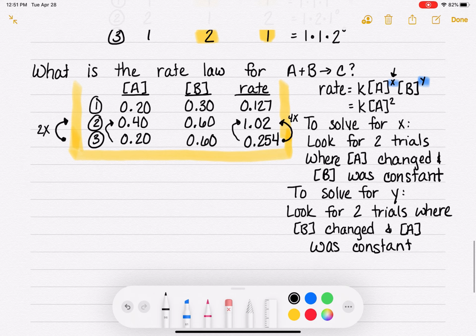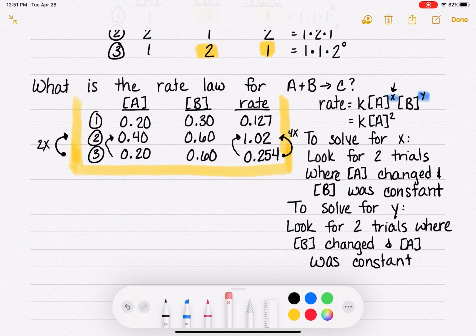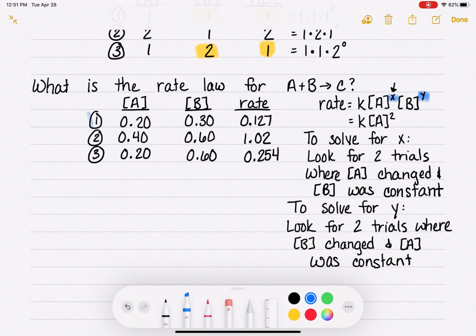So we're looking for two trials where B changed and A was constant. And maybe it's easier to look for the trials where A was constant. So in trial number 1 and trial number 3, A was constant. It was 0.2 for both of those, and B was changed. So these are going to work.